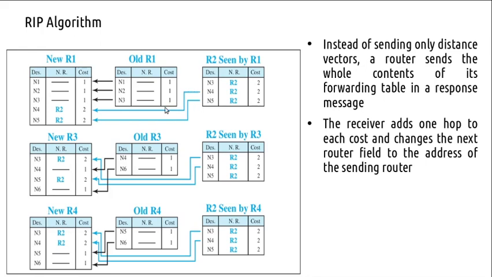If it contains an entry of higher cost, and the next router is the same, it will still be added, because R1 assumes that the sending router might have a better idea about the cost involved, since sometimes the link might have changed, or some of the links might have failed.